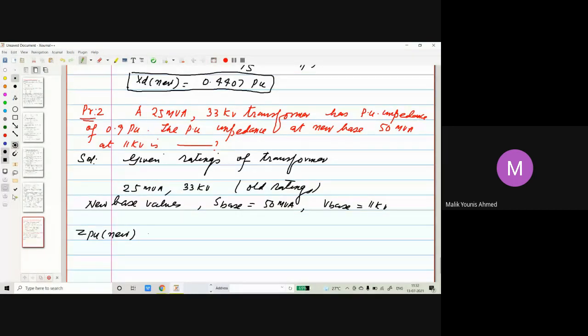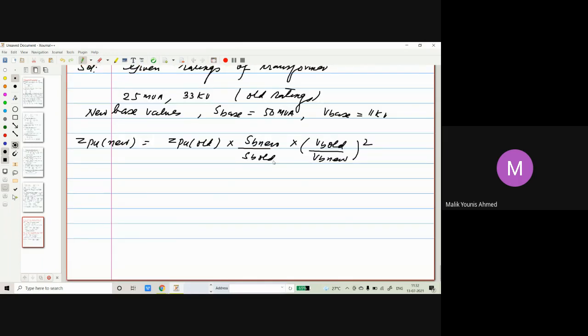Z per unit new, again the same formula. Now it is impedance; earlier it was reactance. You have to remember this formula: Z per unit old into S base new divided by S base old, multiplied by V base old divided by V base new, whole square. You have to write it again and again.